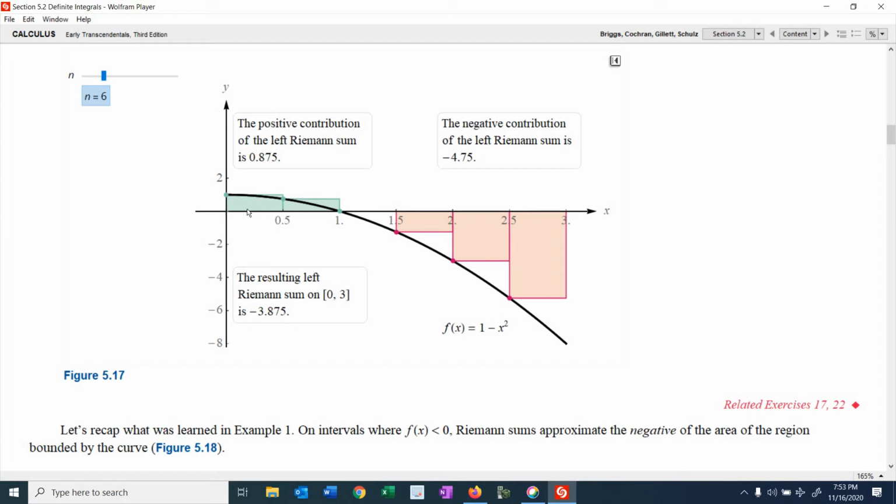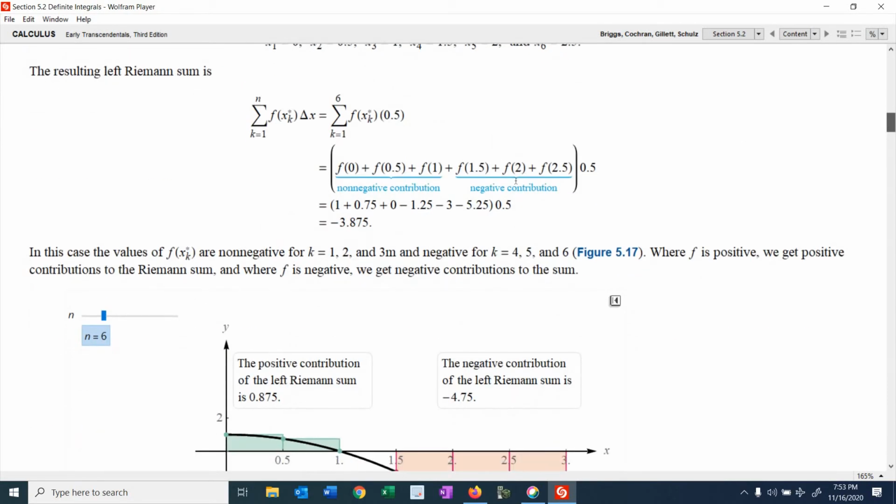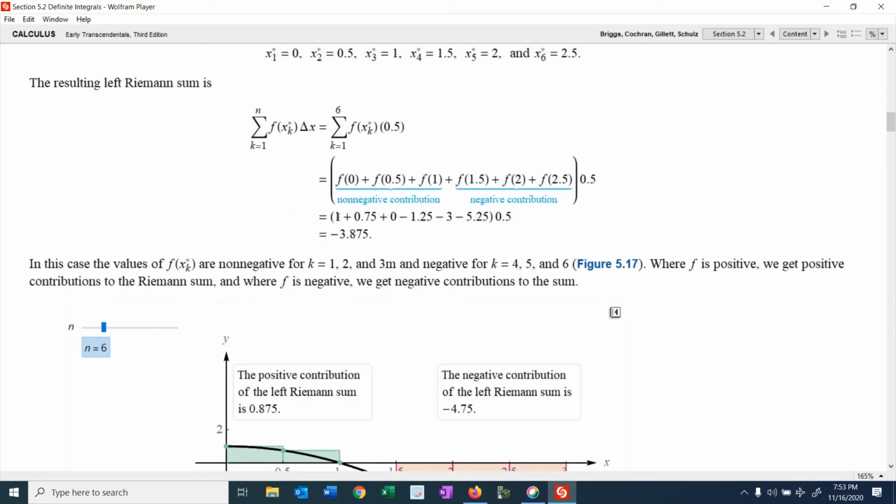For this subinterval, the left endpoint is 0, and when you plug 0 into the function, you get 1. So this is a rectangle with a height of 1 and a width of 0.5. So 1 times 0.5, and notice here they factored the 0.5 out.